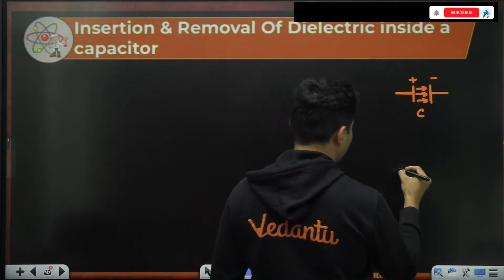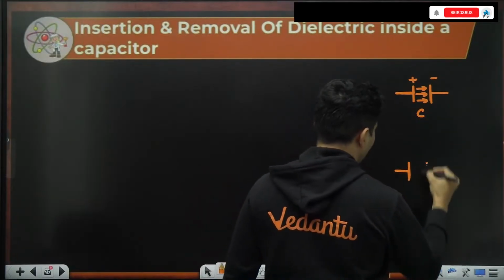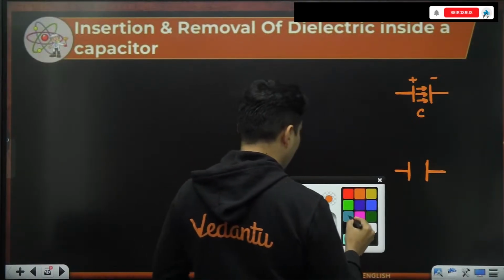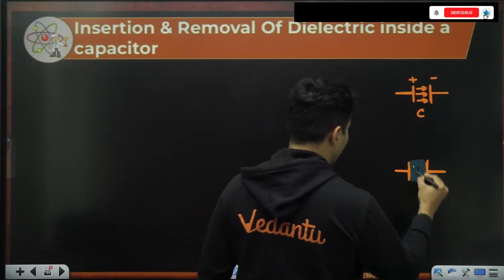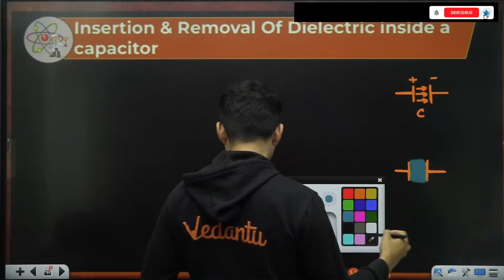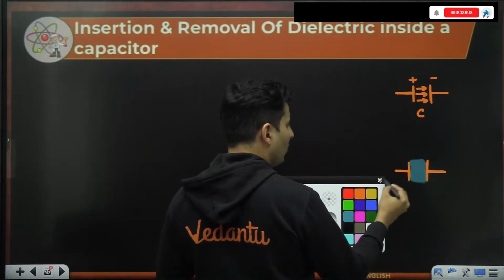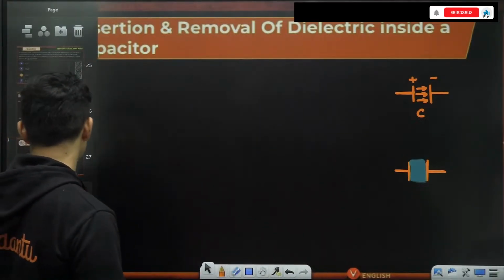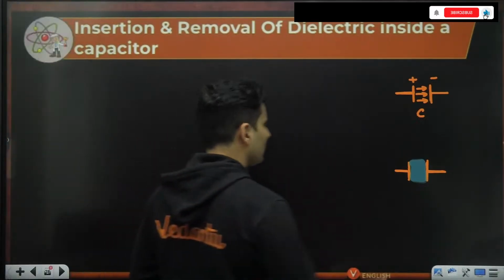And then, in between the plates of the capacitor, you add some dielectric medium. So in this process, what exactly happens, we need to figure out. But there are two scenarios in this. What are those two scenarios?